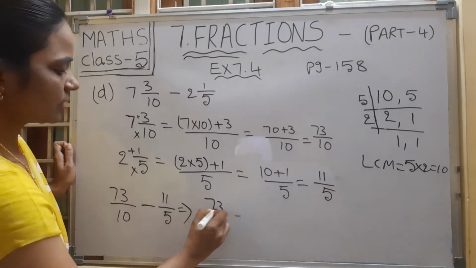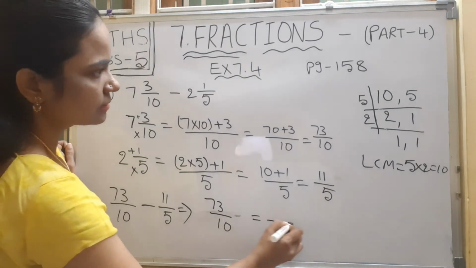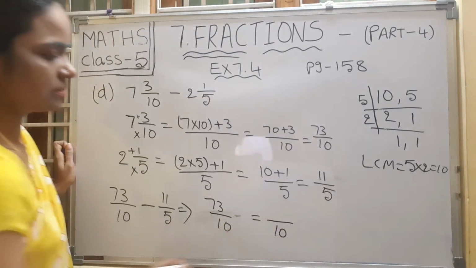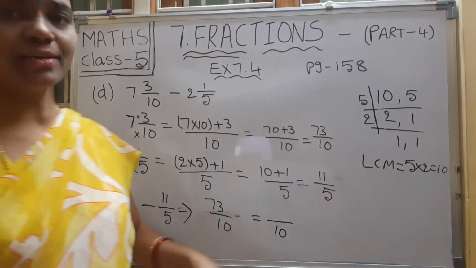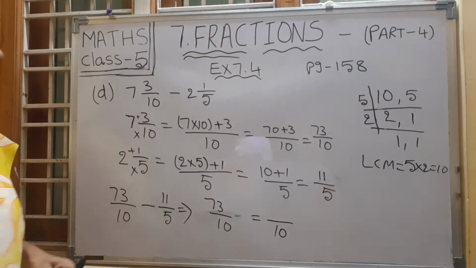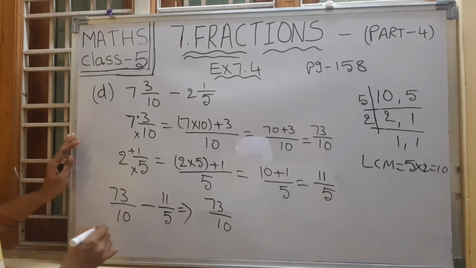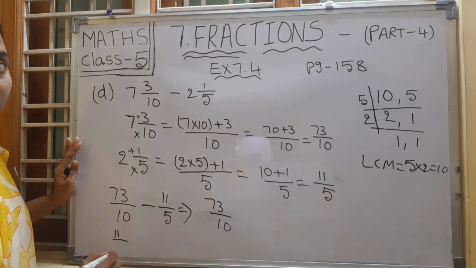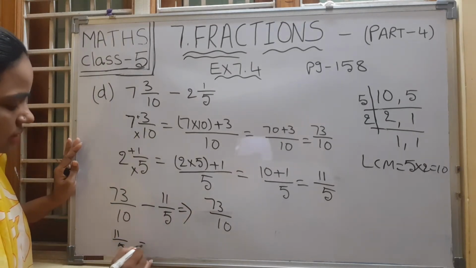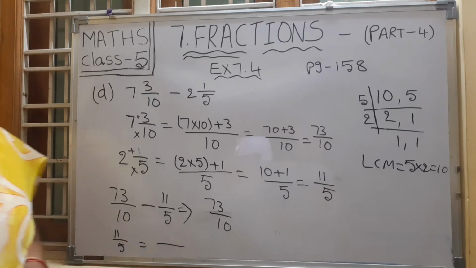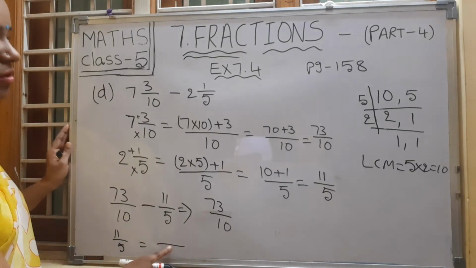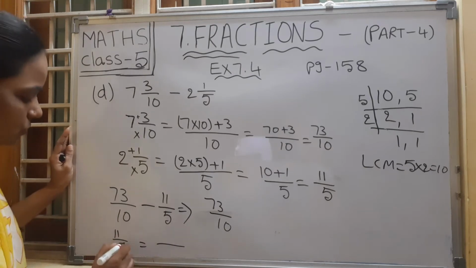Yes. Now what happens? 73 by 10, no need to change because the LCM is 10. So we have to change only the second fraction, that is 11 by 5. So 5 should be multiplied by what number to get denominator as 10, children? Yes, 2.